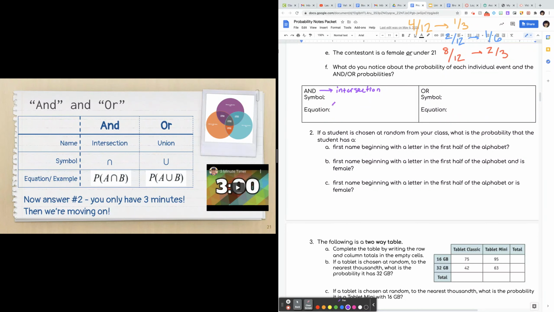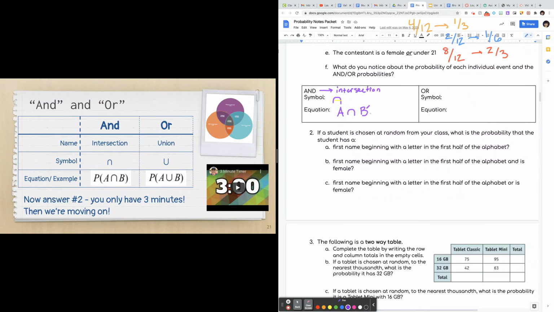In probability, we symbolize the word and using this upside down U right here, okay? The way that I usually remember that is that it almost looks like an A, just without the line in the middle. See that? If you draw the line through the middle, it kind of looks like a capital A, right? So that's how I remember it, at least. Now, if I wanted to write this as an equation, or like in probability notation, it would look like this.